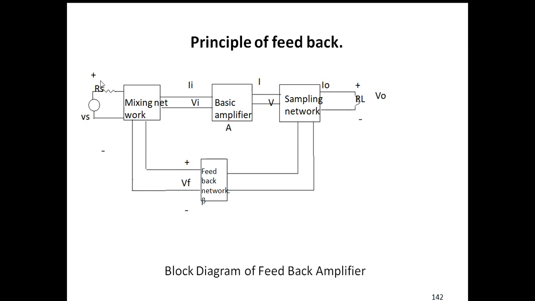Here Rs is the source resistance. If any variations occur in Vs, they can be eliminated by Rs. So the input signal is in phase or out of phase with respect to the feedback signal based on the mixing network circuit.